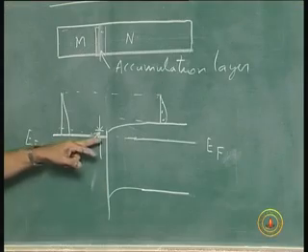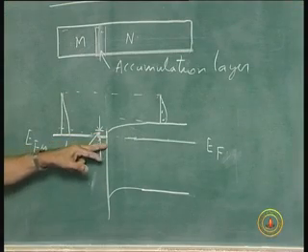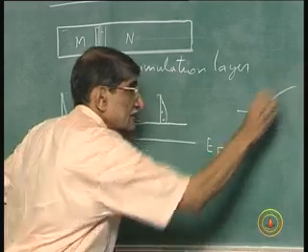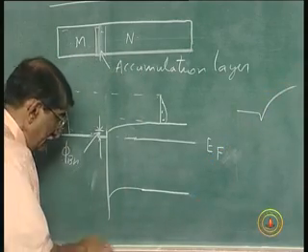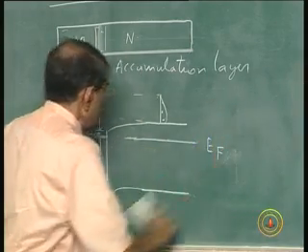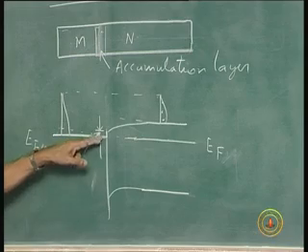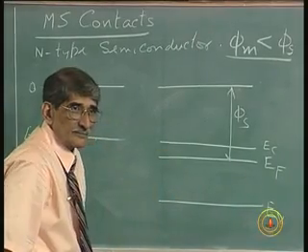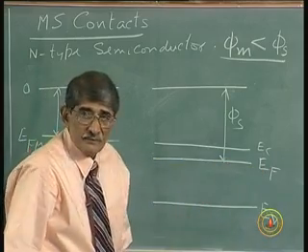In fact, you should be able to draw that. This will come down below that, you will have virtually a diagram which will go like that. Okay? I leave it to you as an exercise to see how the energy band diagram will be if this difference is even more. Okay? That you can do.